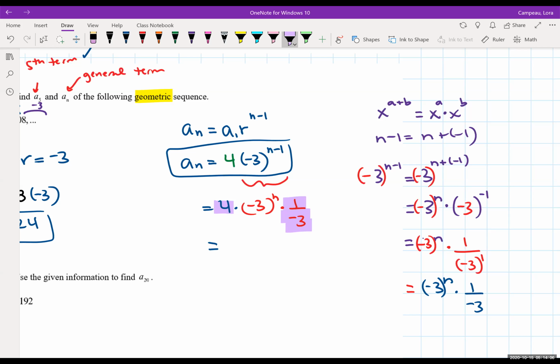They're all factors. So you may see it in this format, negative 4 over 3 times negative 3 to the n. So sometimes that's a nice way if you're trying to make things a little prettier, or if you have to develop this sequence into something else.